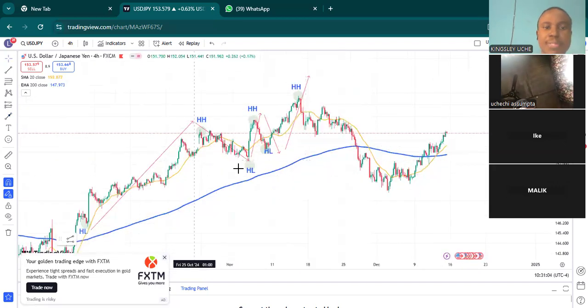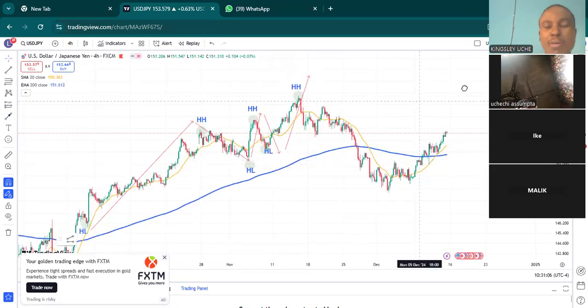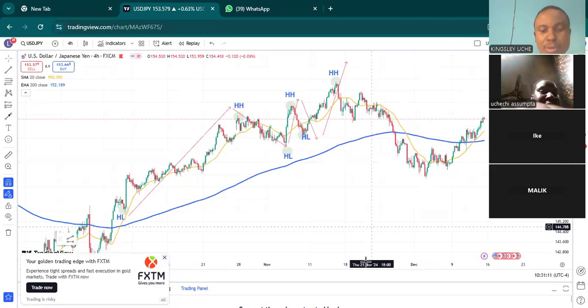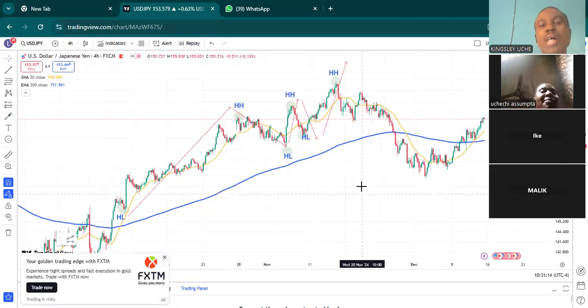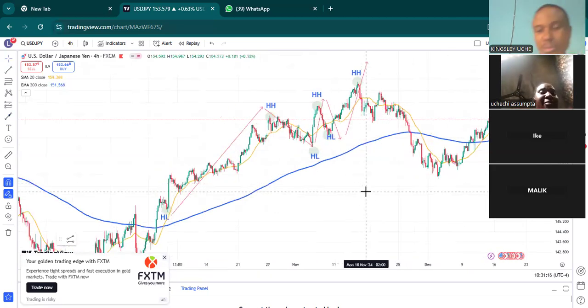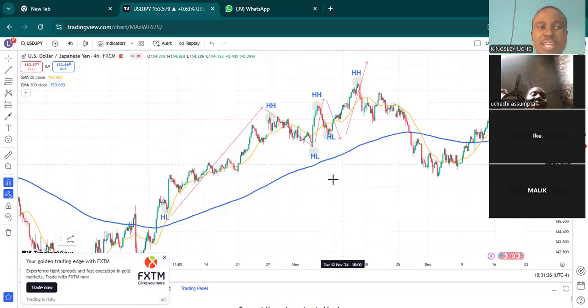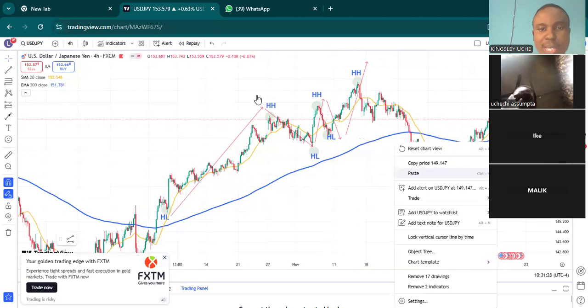It's like going up, down, up, down, up, down, right? Do you understand? Are you getting it? Are we following? Great. So now we have a higher high, higher low situation here because it's an uptrend market.